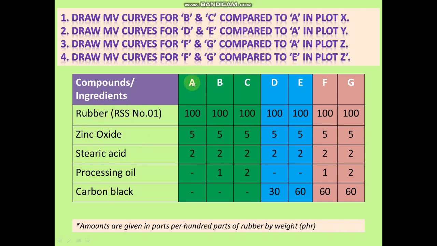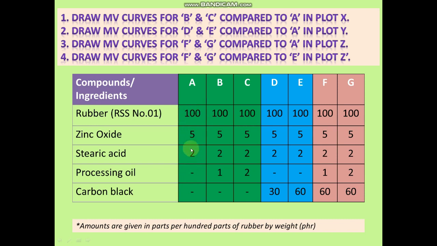If we take one for example, compound A contains 100 parts of rubber, zinc oxide 5 parts, stearic acid 2 parts, processing oil and carbon black. They are not available in compound A. So what is the unit of measuring these amounts?